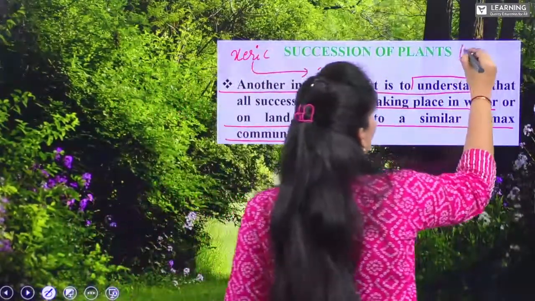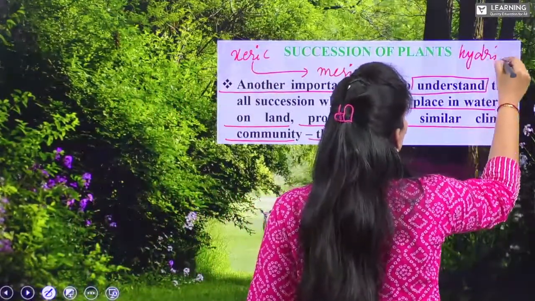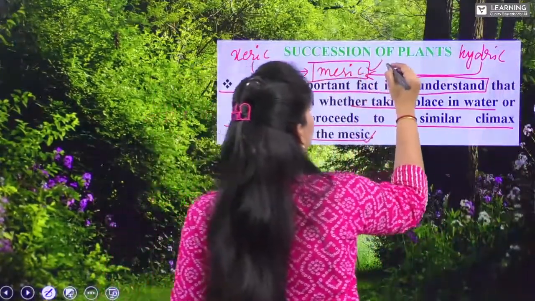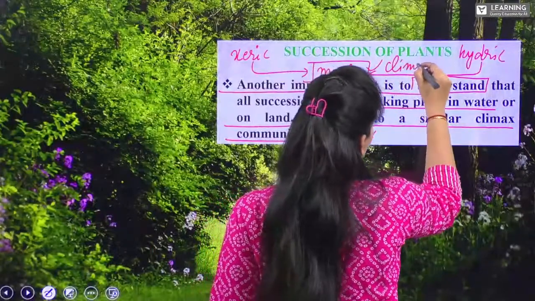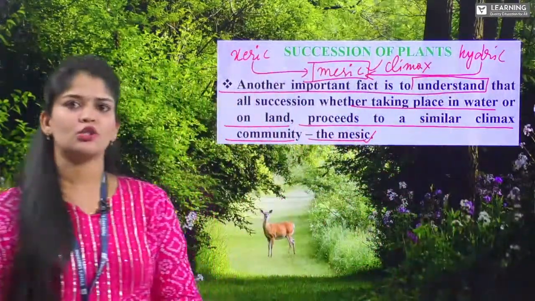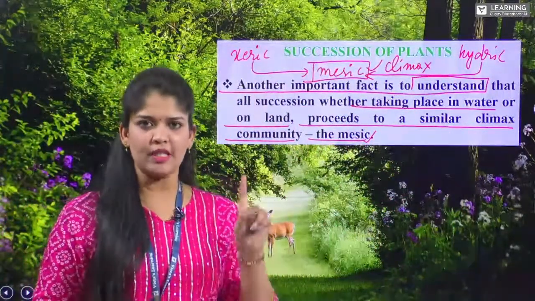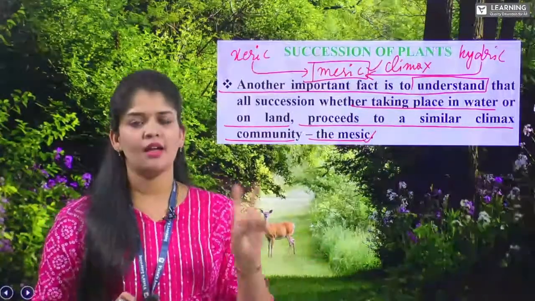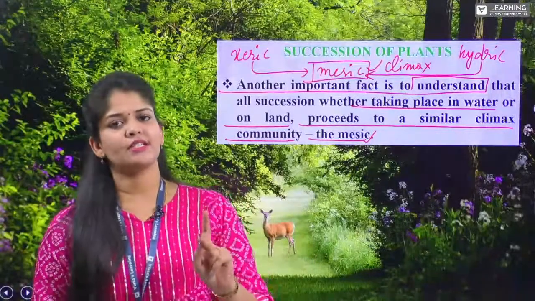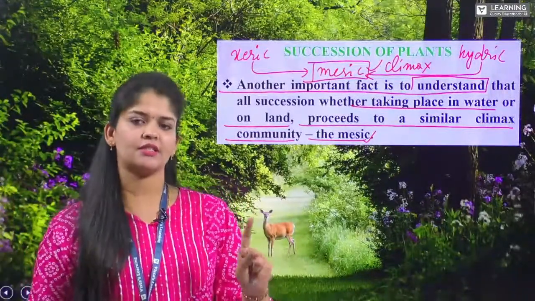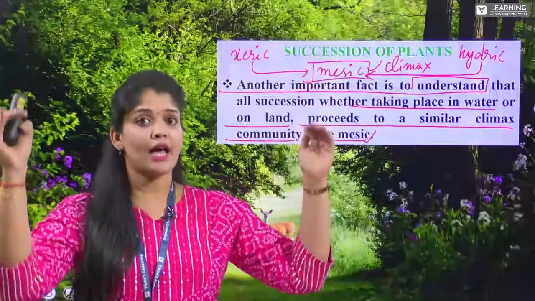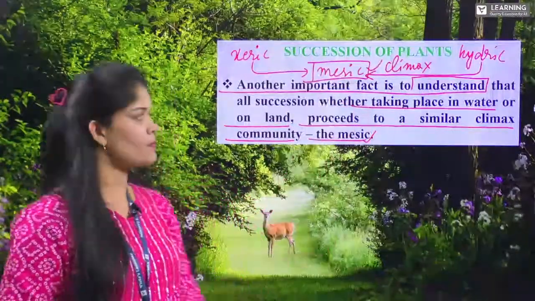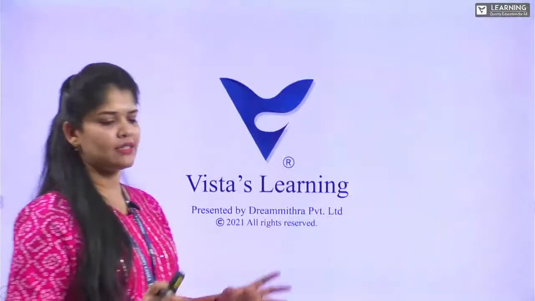Whether it is hydrarch, it also has to proceed towards mesic only. And this is your final climax community. So the first important point to be remembered is that primary succession is always very slow when compared to secondary succession. And the second point is whether the succession is happening from hydrarch conditions or from xeric conditions, it has to progress towards mesic conditions. That's it.